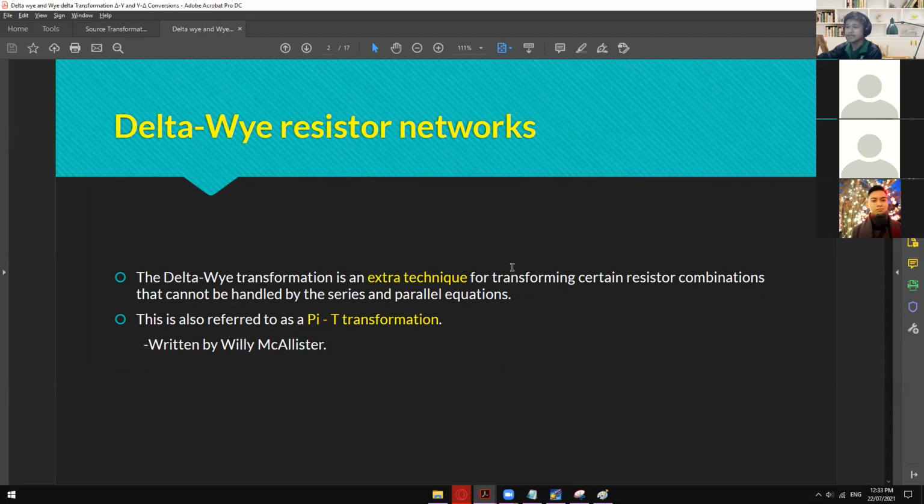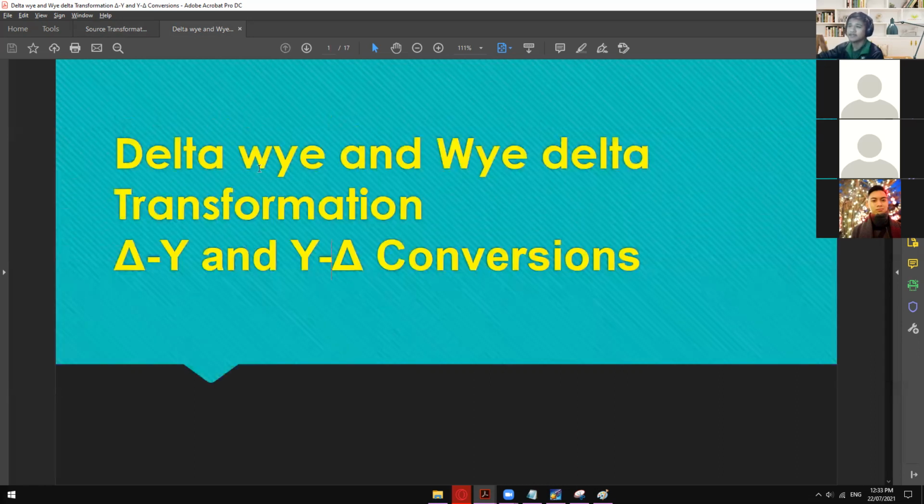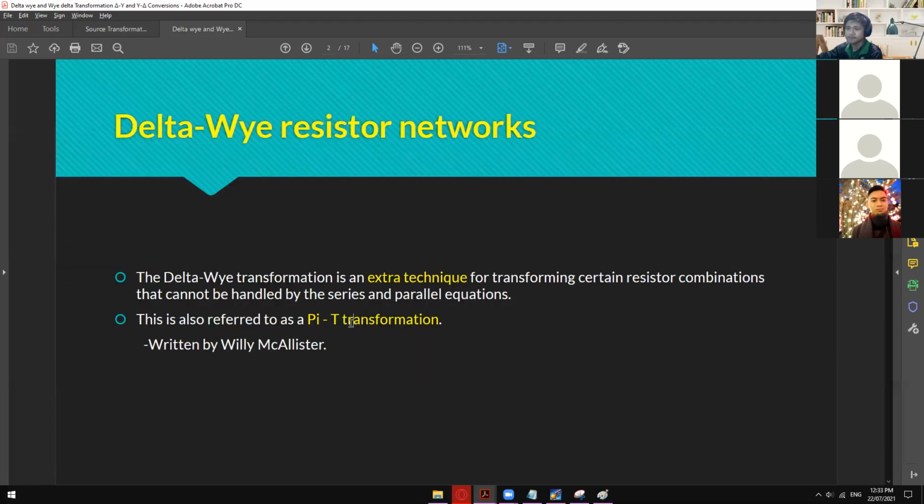If that is the case, then we have to use the delta to Y or Y to delta transformation. This delta to Y is also referred to as a pi-T transformation. So delta and pi are just the same, just a different terminology. The same with Y, Y is equal to T.